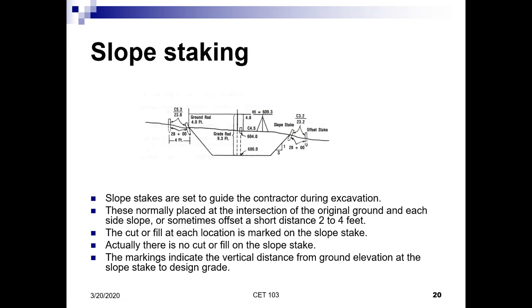So right there at the center line of the construction, you can see that the center line stake is at 604, and you can see that the design finished grade is at 600 even. So therefore, we're in a situation where there would be exactly 4 foot of cut at that particular area.